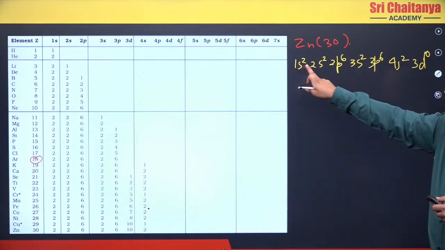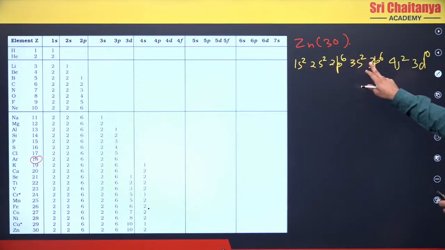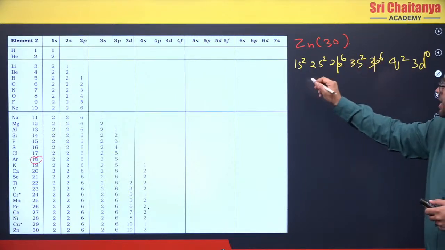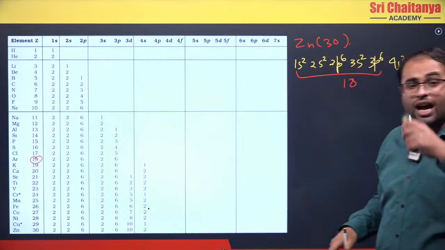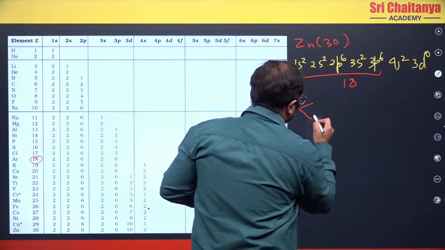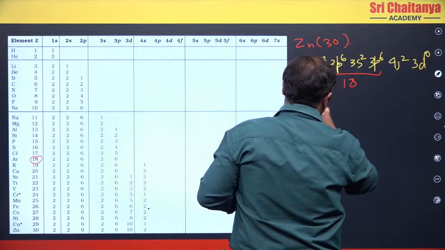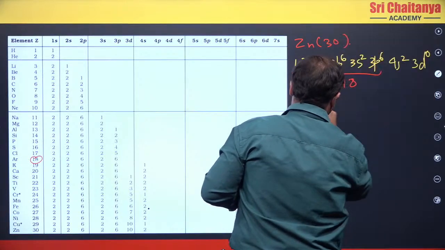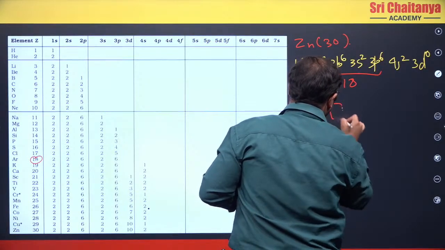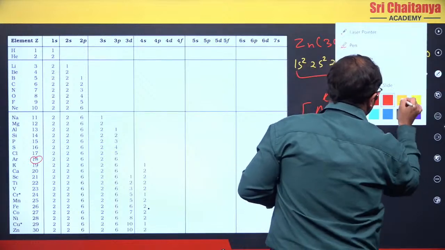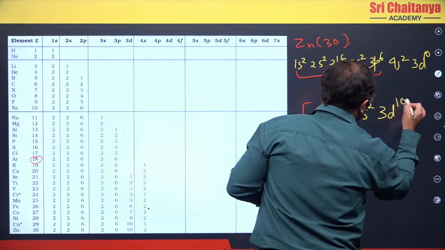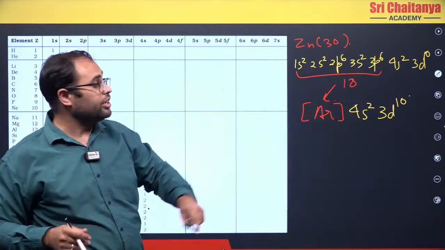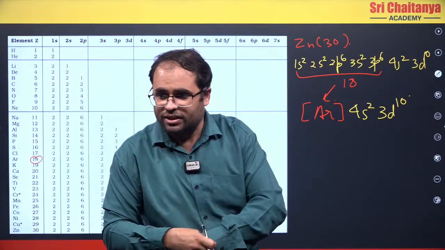This is 10 plus 6 plus 2, 8, so this is 18 electrons. This complete 18 electrons I can write in a square bracket as argon, and the rest I can write as 4s2, 3d10, right? I can write the configuration like this or this.